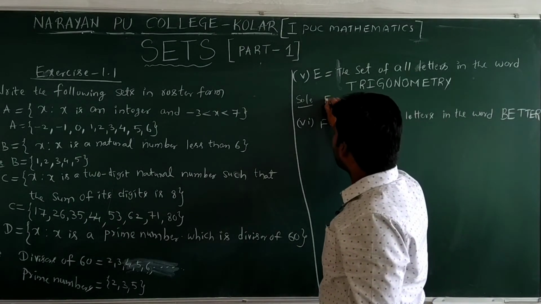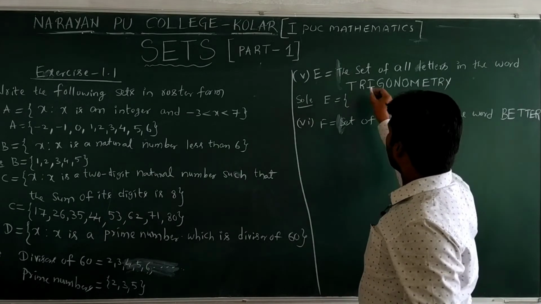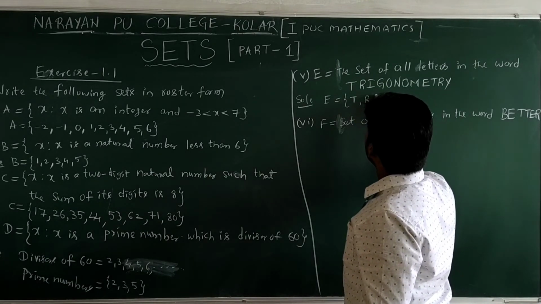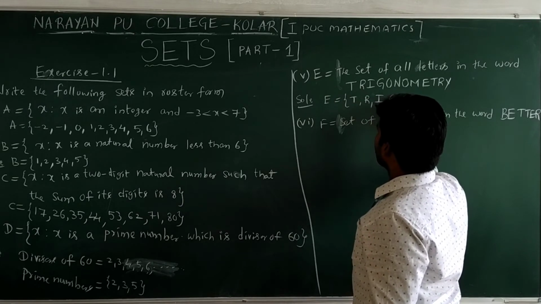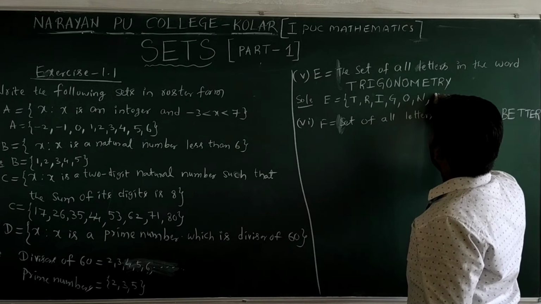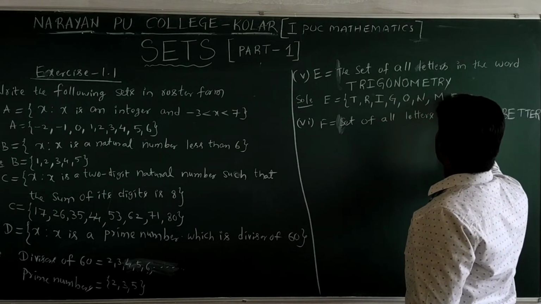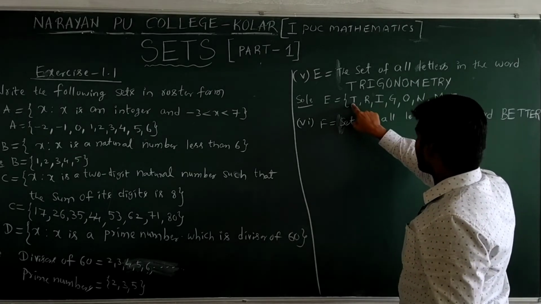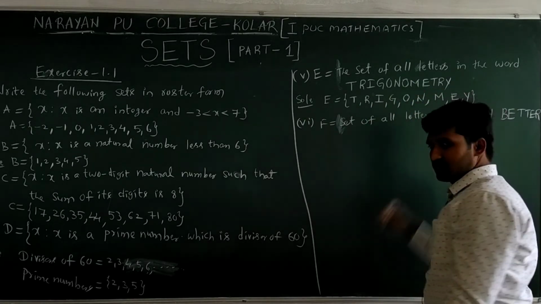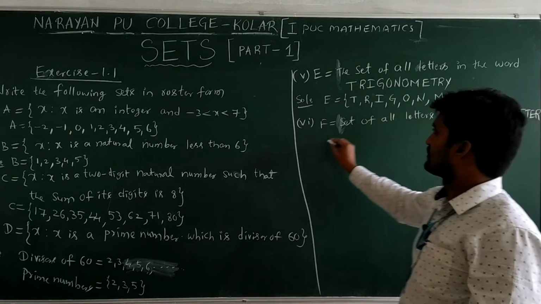So I write this: E is equal to T, R, I, G, O, N. Again, one more time is not required. M, E, T already there, R also there. Next letter only Y. Okay? The repeated letters we need to take only once here.